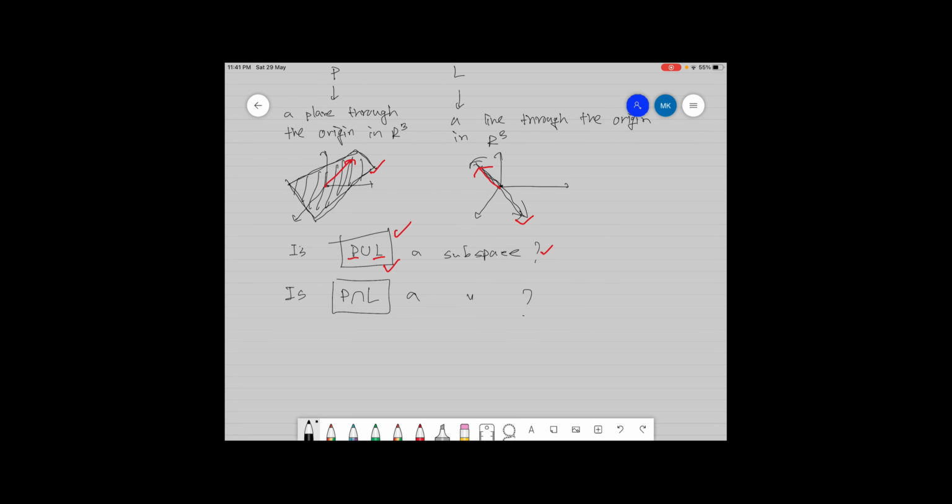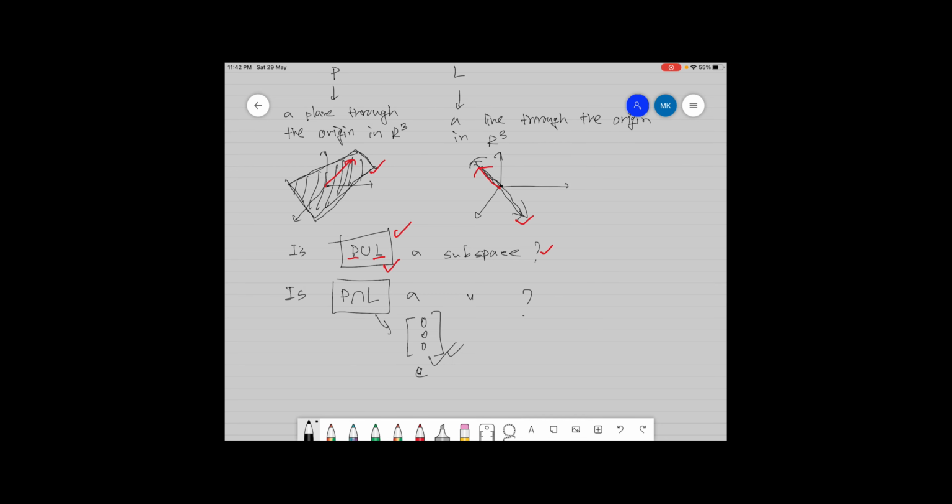The origin is the common element between these two subspaces, and the intersection point, which is the origin, is definitely a subspace, because any linear combination, origin plus origin, is equal to origin, and multiplying this origin with any scaling factor c would also result in the origin.